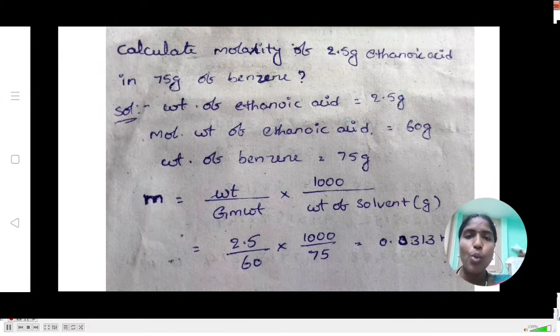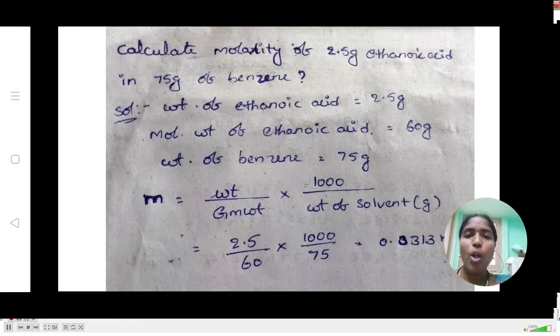Next, what is the formula of molality? Molality is equal to weight by gram molecular weight into 1000 by weight of the solvent. Here all the data are given in grams, so we are taking the formula in grams. Molality is equal to weight by gram molecular weight into 1000 by weight of the solvent in grams.